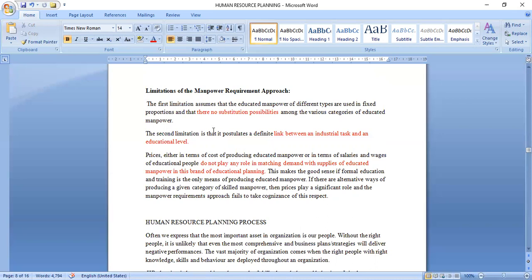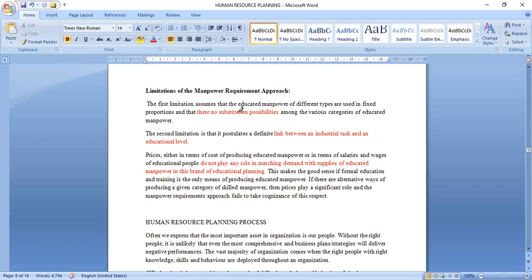So the first limitation of the manpower approach is that it assumes that there are no substitution possibilities. Now, what we mean here by no substitution possibilities is that this manpower approach to education planning assumes that there is no substitute.